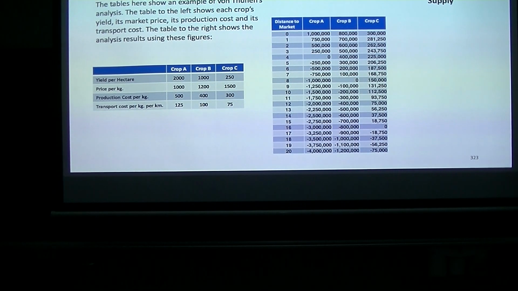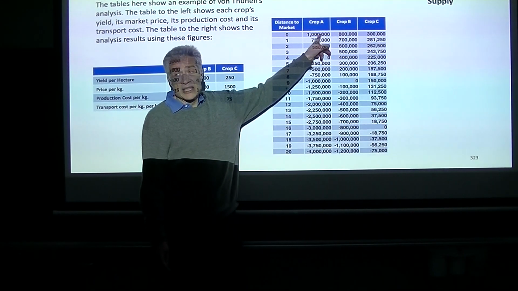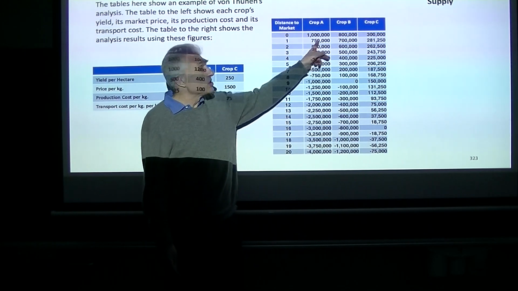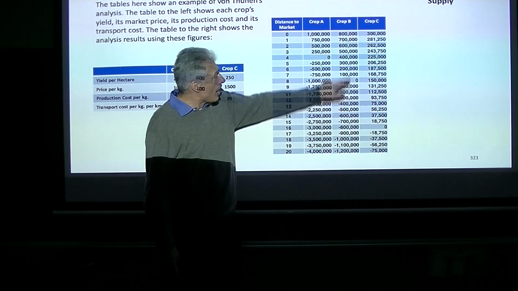And that's exactly what happens in urban areas. Why do offices locate in the city center? Because people are willing to pay. They get more value out of being in the city center. That's why they're there, and that's why their rents are higher. This is the same reason as why the crops locate where they do. In this example, crop A locates closest to the city center, and its bid falls off the most rapidly.